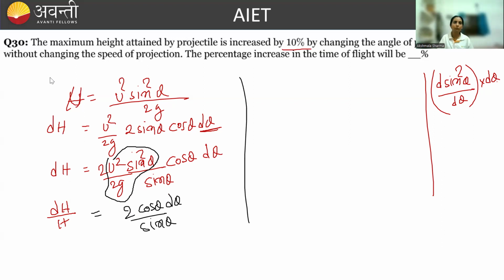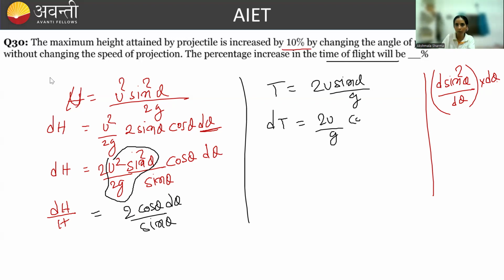Now we have to see what will be the percentage increase in time of flight. So if you see, the time of flight formula is 2u sin theta by g. Okay? Same thing if you do here partial differentiation, 2u by g, this is your cos theta d theta. Again let's bring in the value of t.